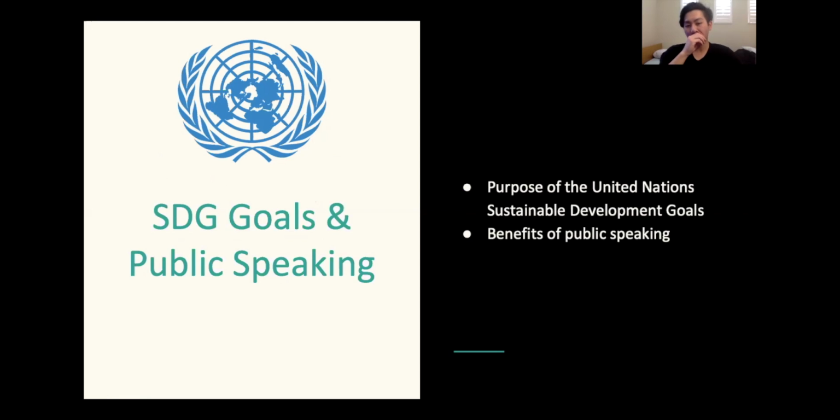The reason why I wanted to get into SDG goals, or if you aren't familiar with it, these are the United Nations Sustainable Development Goals. Just to give you a brief understanding of what the purpose of these goals is, it's basically a plan for humanity, all of us in general, to achieve a better and more sustainable future for all living creatures on this planet.